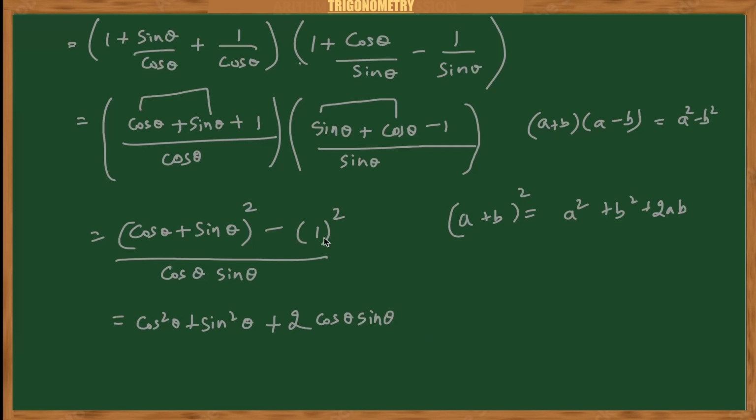The minus sign is there, then 1 square is 1, then the base we have cos theta into sin theta.